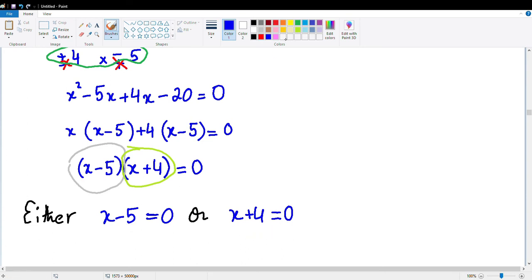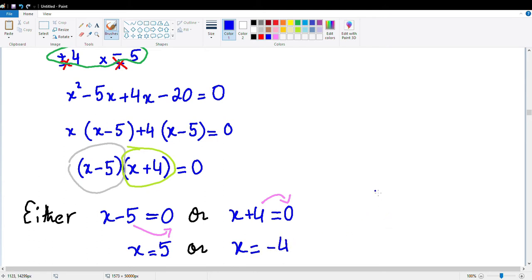For the first case, we'll take minus 5 to the other side, and we'll get x equals plus 5. Or in the second case, we'll take plus 4 to the other side, and we'll get x equals minus 4.